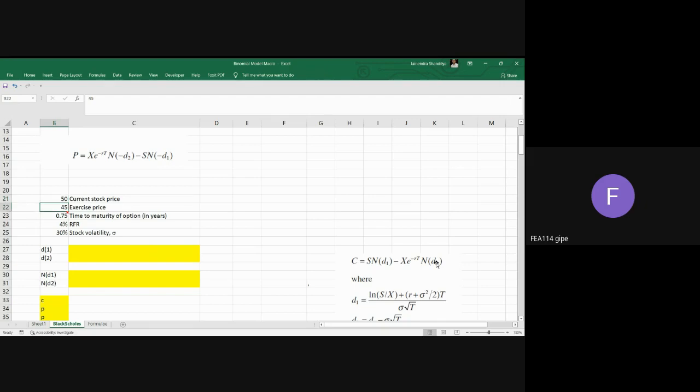However, the exercise price being quoted for this option is 45. So X becomes 45. Let me write it here, so this becomes easier also. This is stock, this is exercise, this is time, this is small r, and this is sigma. These are the 5 parameters on which we are going to work.